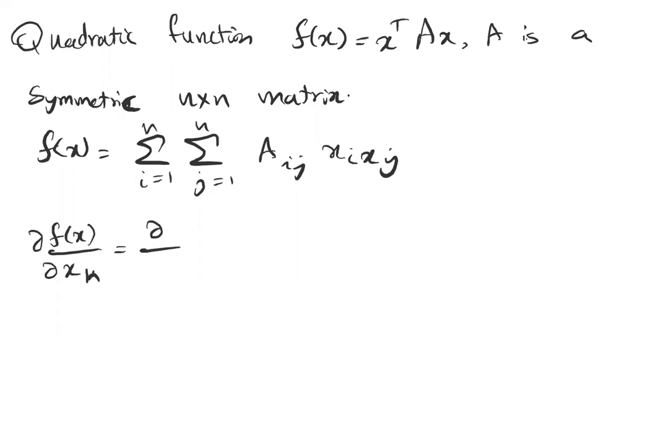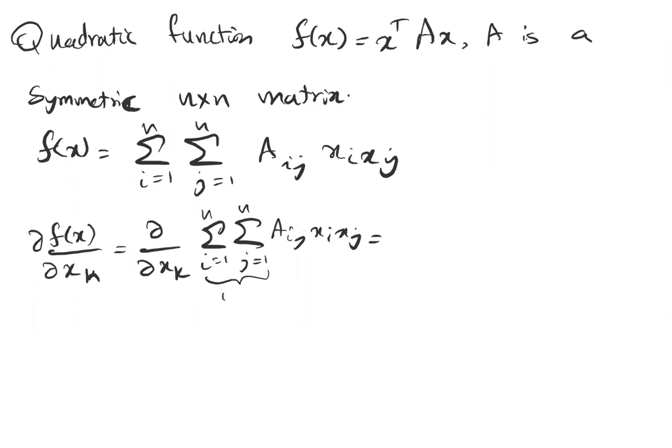That is the derivative of f of x, which is the sum over i from 1 to n, j from 1 to n, of a i j, x i, x j. Now I'm going to break this into cases: where i is not equal to k and j is not equal to k, cases where i is not equal to k and j is equal to k, cases where i is equal to k and j is not equal to k, and cases where i is equal to j is equal to k. All right, let's see what will happen then.